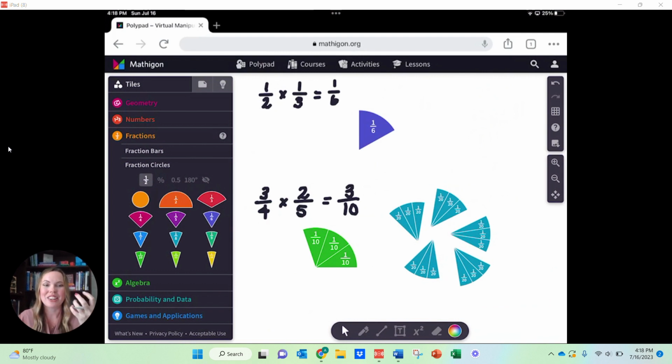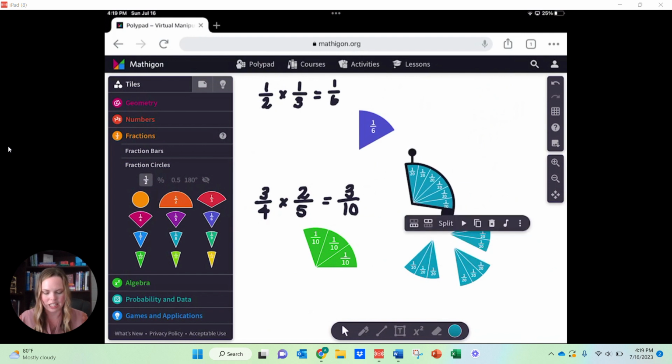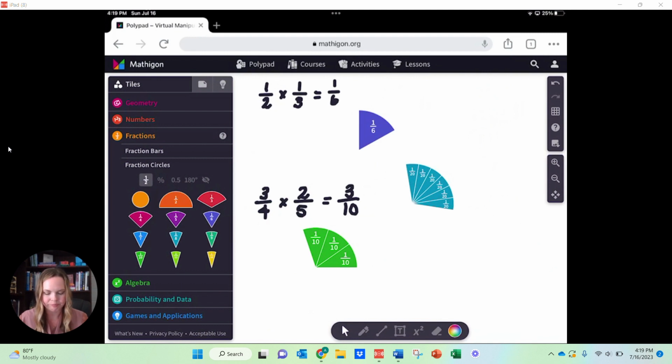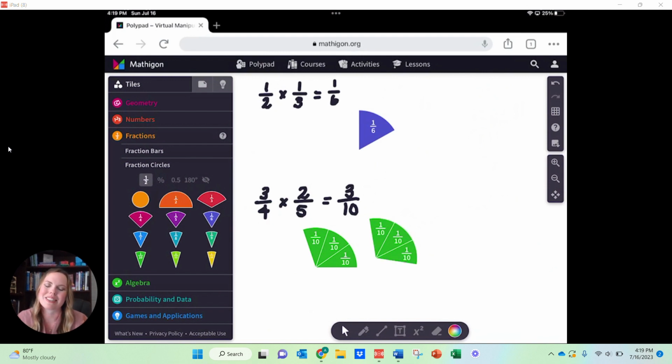Now that 3/4 has been cut into these fifths, I can take 2 of them and merge them together. I'm going to delete everything else so that they're not in my way. This is 2 of the fifths. And then I can rename this back down into the 3/10.